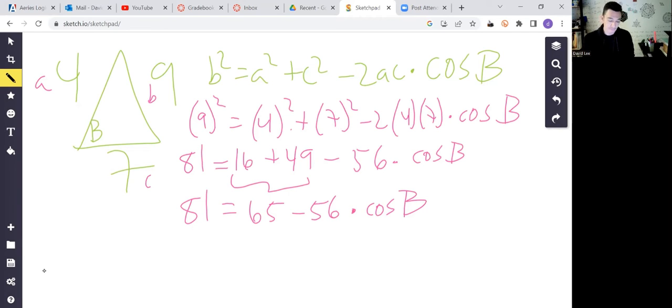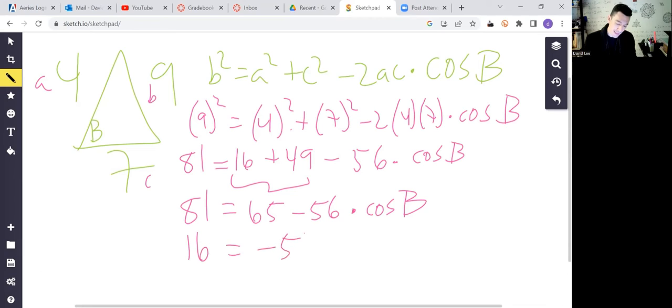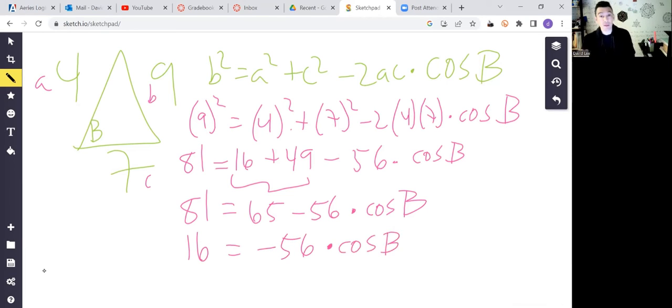So take away 65 from 81, and that's 16 equals negative 56 times the cosine of b. And then why don't we divide both sides by negative 56?